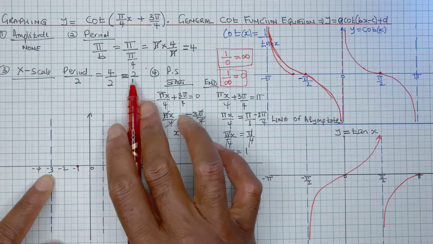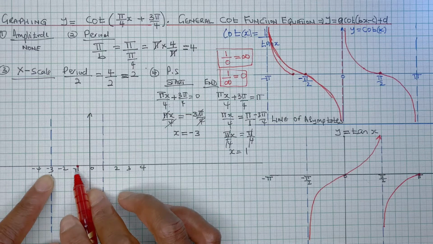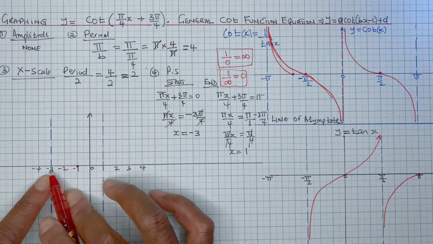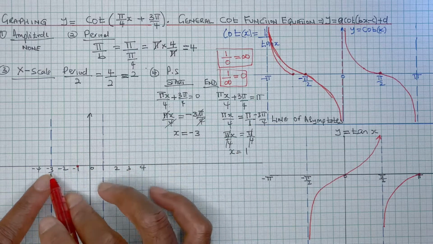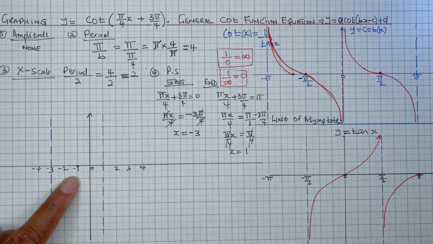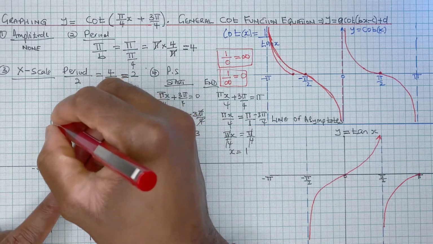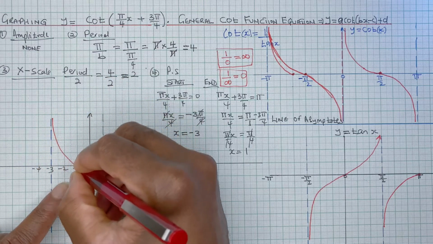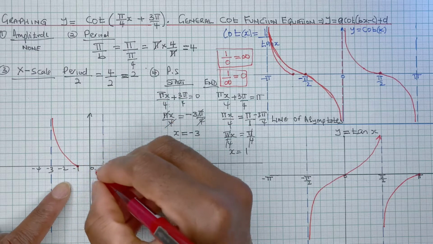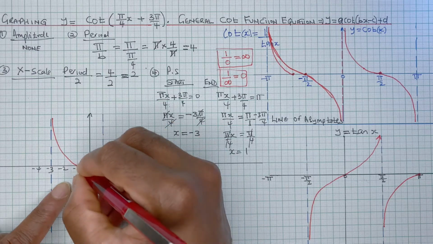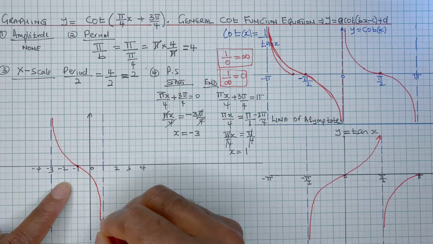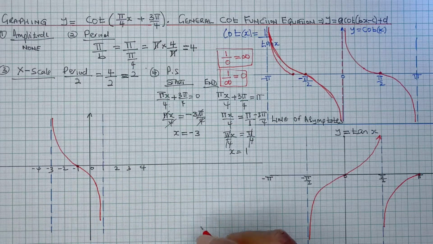If you add 2 to minus 3, you get minus 1. So that scale tells you that as well. So the curve should be coming from there all the way, and then going through there.